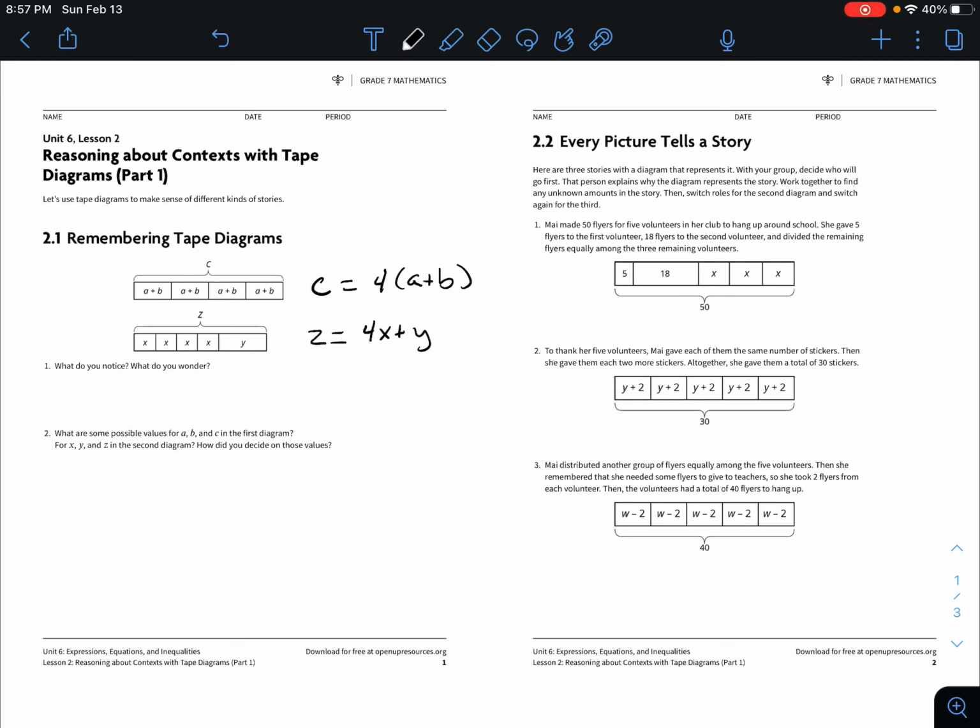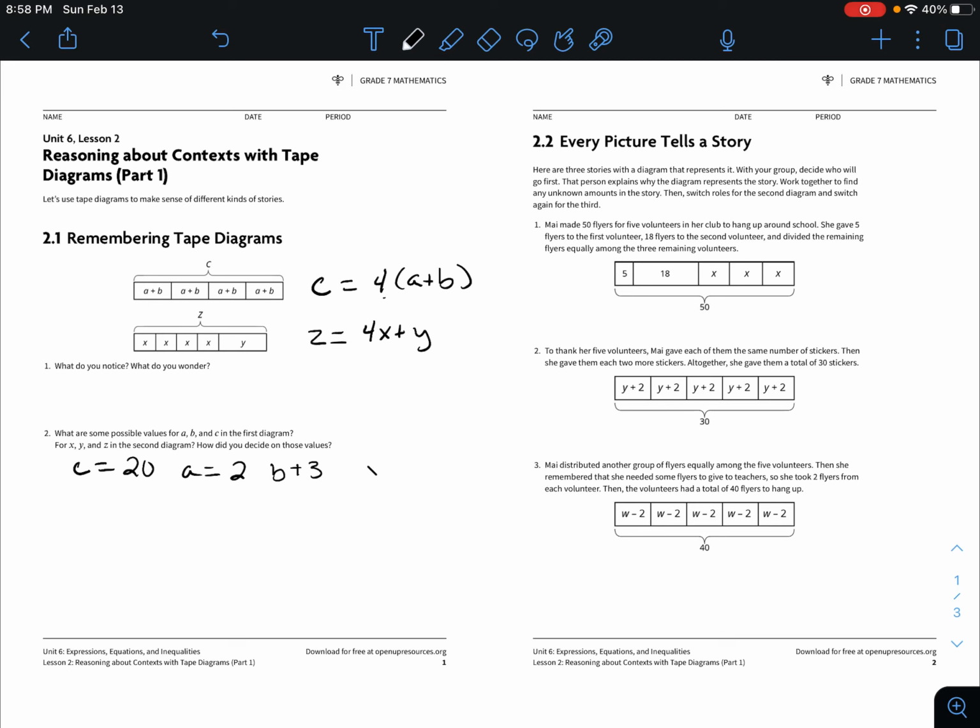So let's just assume A is 2 and B is 3. So then C would have to equal 5. A equals 2. Oh, sorry. C wouldn't equal 5. C would equal 20. How I figured this out is 2 plus 3 is 5, 5 times 4.